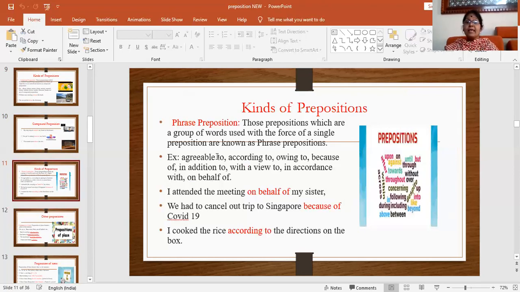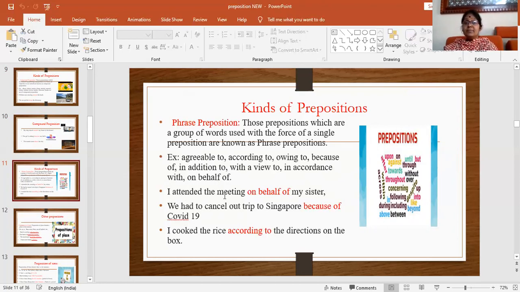For example, agreeable to, according to, owing to, because of, in addition to, with a view to, in accordance with, on behalf of, right?